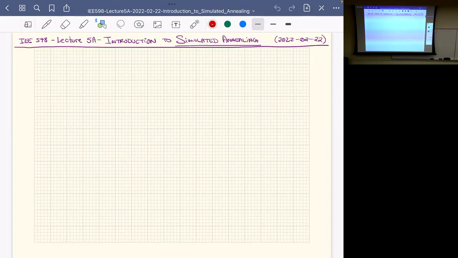So, new unit, totally new subject. Before, we've been talking about evolutionary optimization, a lot of things inspired by genetic algorithms. Today we start shifting into algorithms that are inspired by other aspects of nature, primarily physics and statistical mechanics.